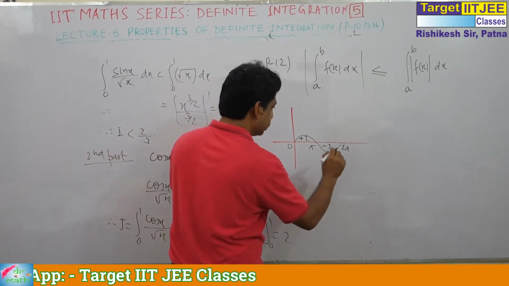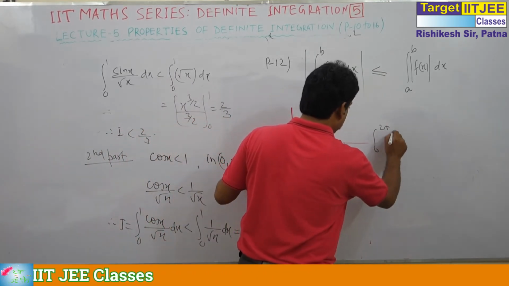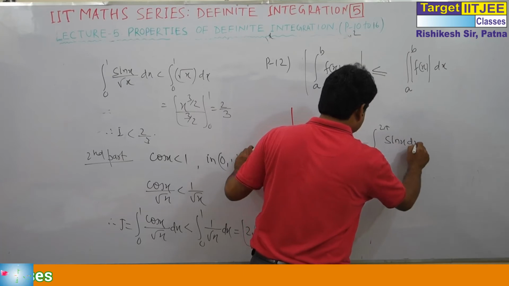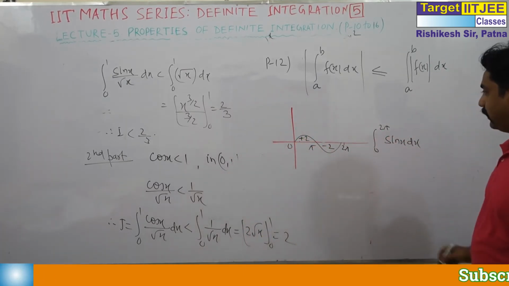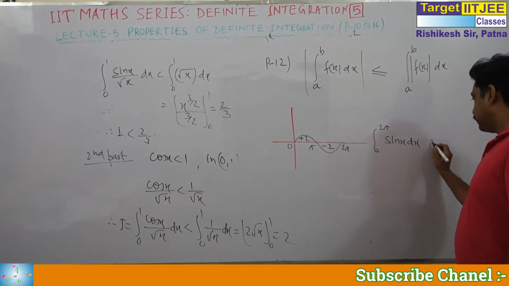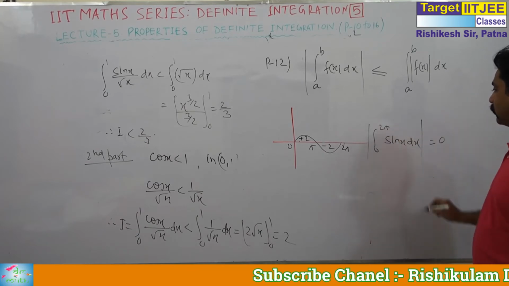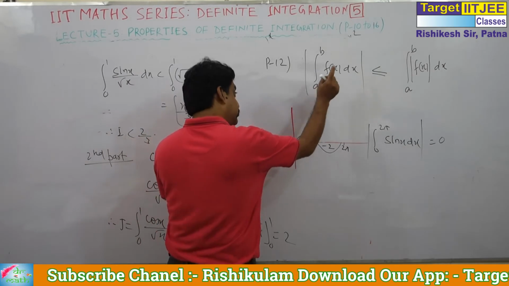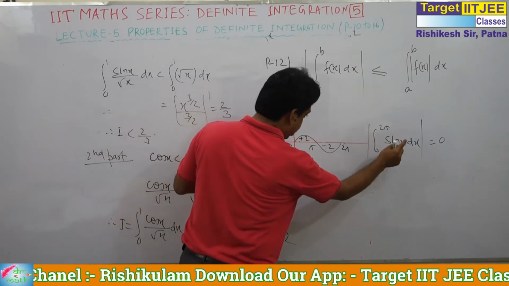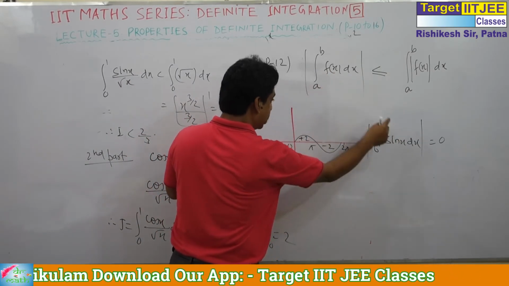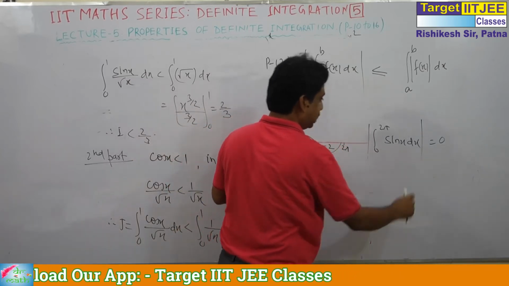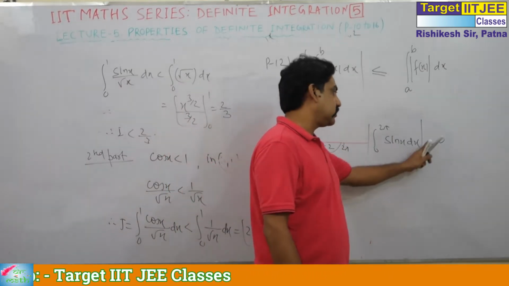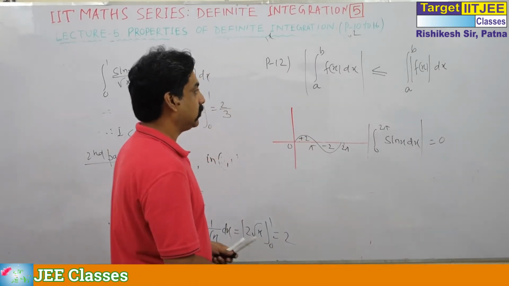So the value of the integral from 0 to 2 pi of sin x dx: in 0 to 2 pi, this is 0. Its modulus value is also 0. What is done in it? First integration is done, then its modulus is taken. The value of integration is 0, so the value of the modulus is also 0.